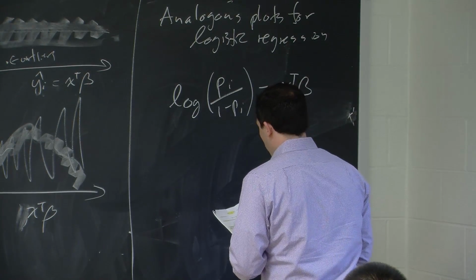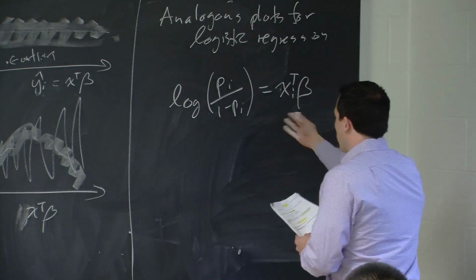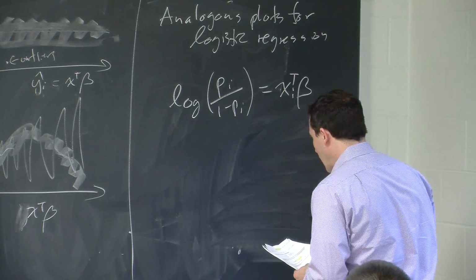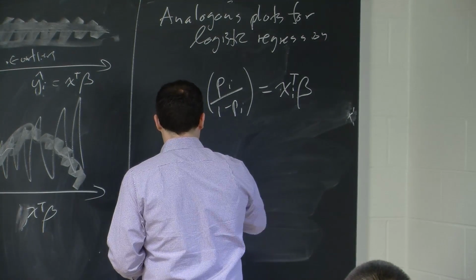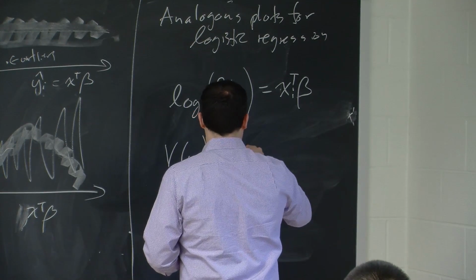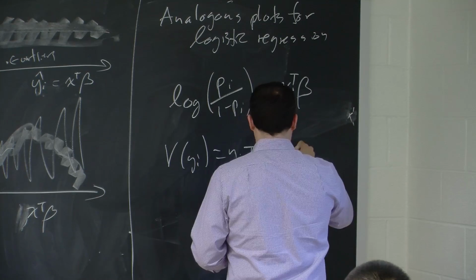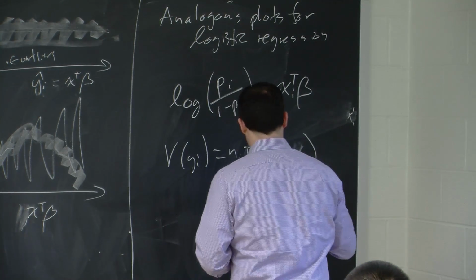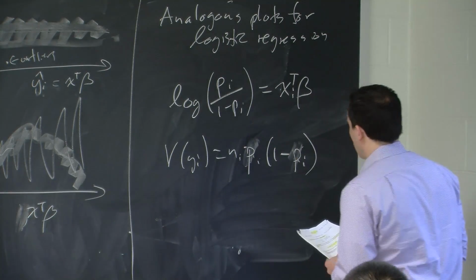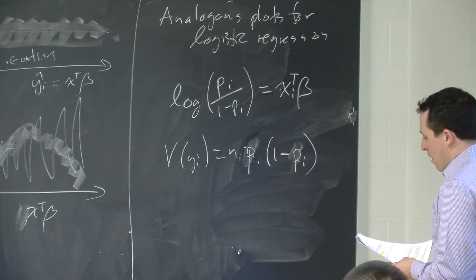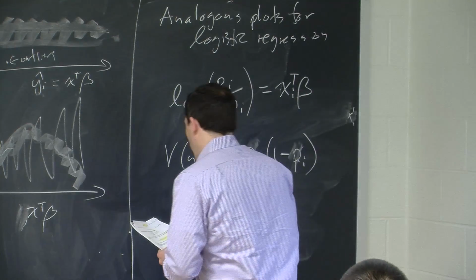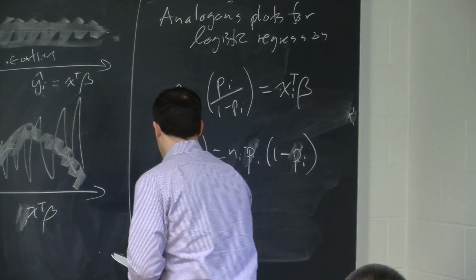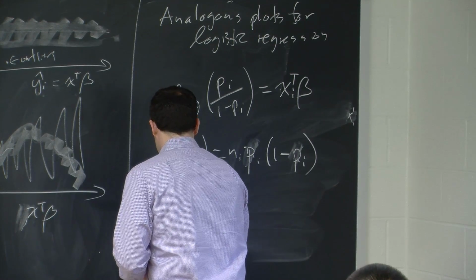So we have our link function, which is kind of an extra step in logistic regression. And we have our variance, which is, by design, heteroscedastic. It inherently fails that assumption. And so it doesn't make much sense to use the literal residuals, but we can do residuals for Pearson and deviance.